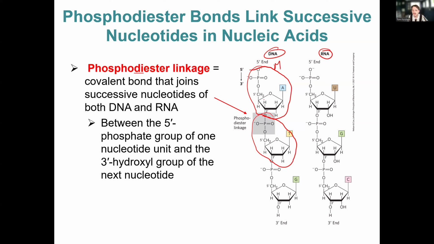Now, recall that on the sugar, the phosphate is attached to the 5' position by a phosphoester bond. Now, this phosphate is then attached to the 3' position of another sugar.